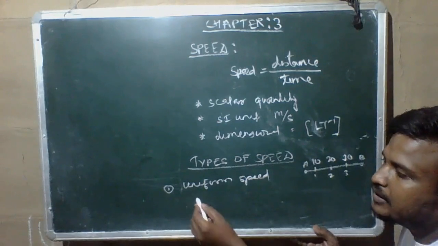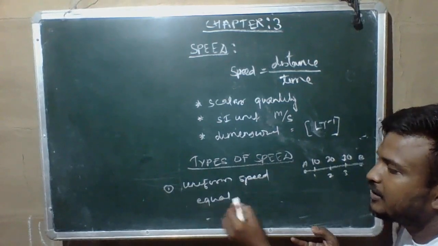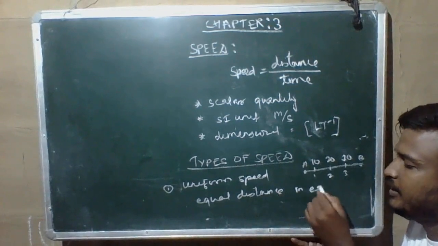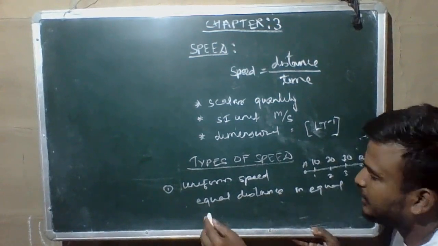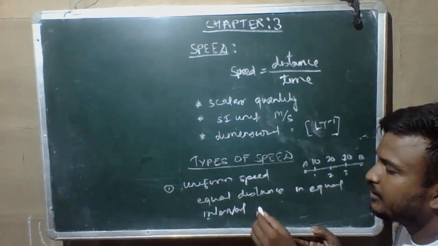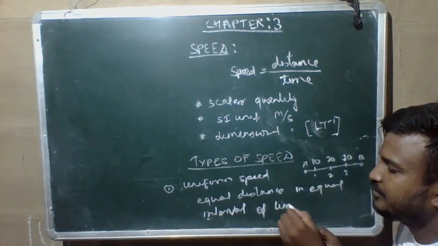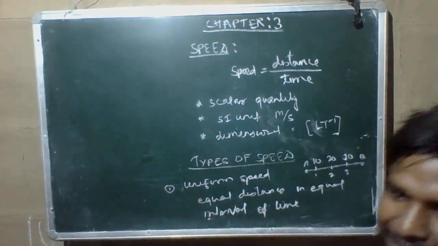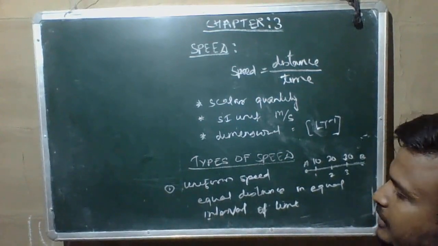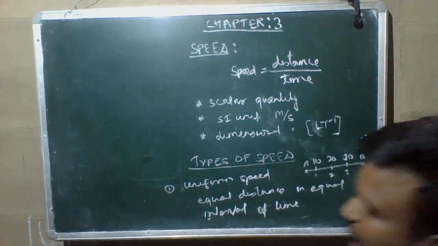When a body covers equal distance in equal intervals of time, then we say this type of speed is uniform speed.